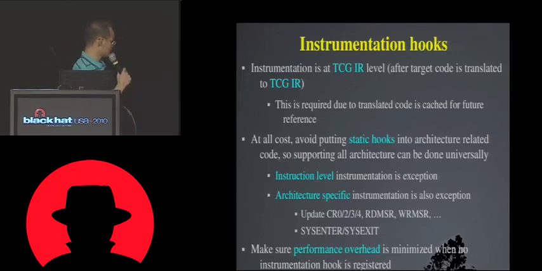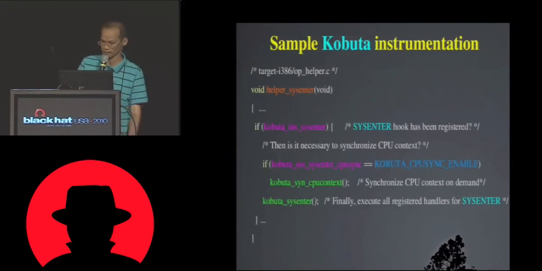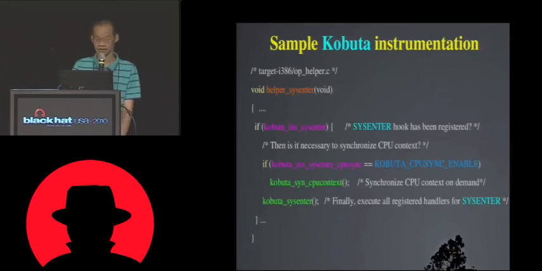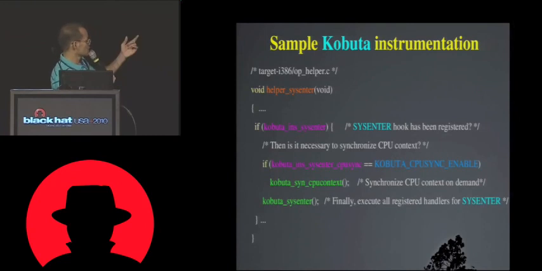And finally, we need to make sure that the performance overhead of the framework is minimized when no instrumentation hook is registered. Here's one simple example of how I instrument the sysenter instruction. We put instrumentation code deep inside the TCG generated code, and you can see that we check if anybody registered a sysenter event.